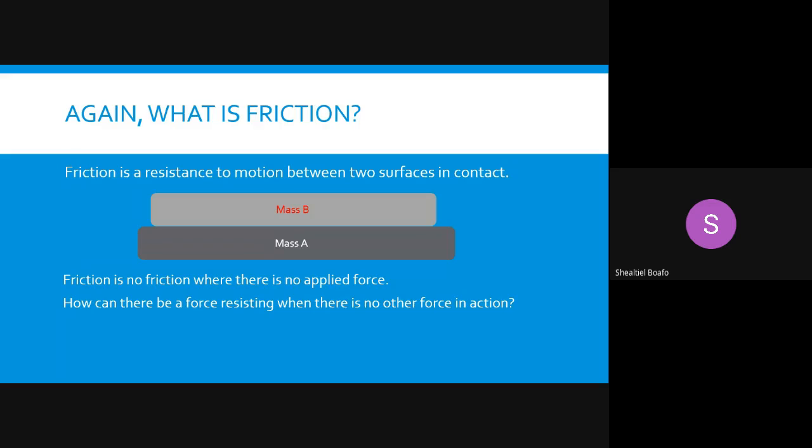What are you resisting? Gravity. Gravity is acting downward, so your resistance to gravity is your normal reaction. Even the normal reaction is not your resistance. It's the resistance of the floor to your weight. So you have no resistance.